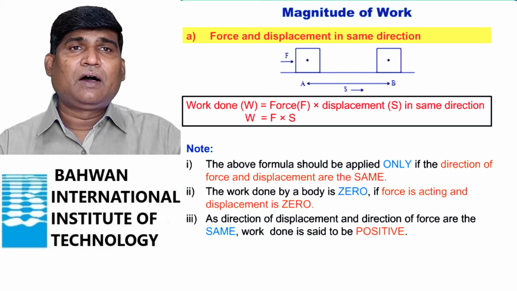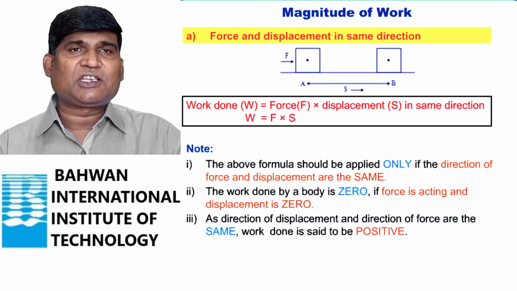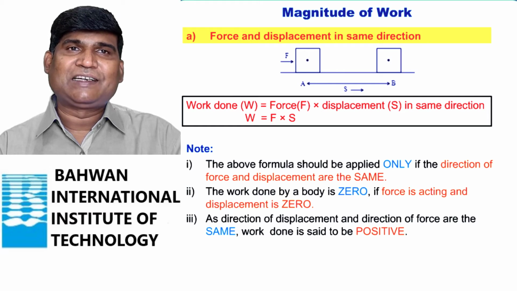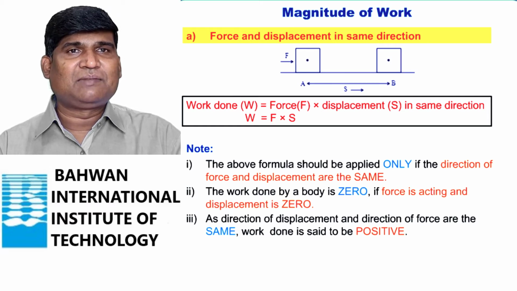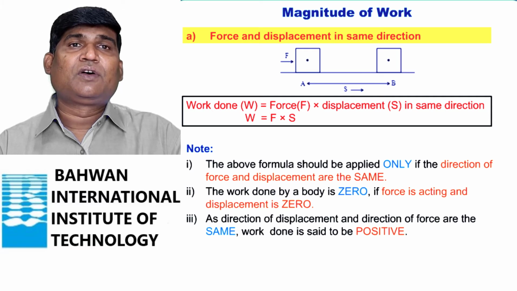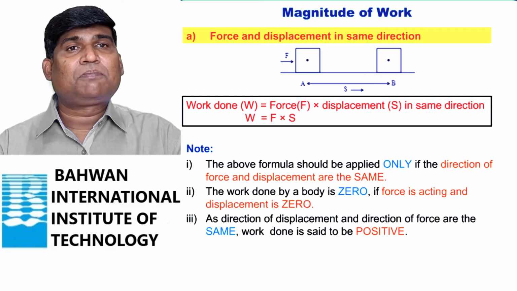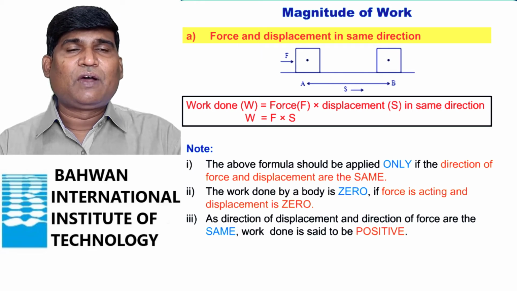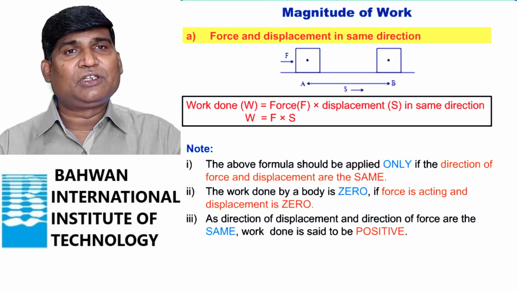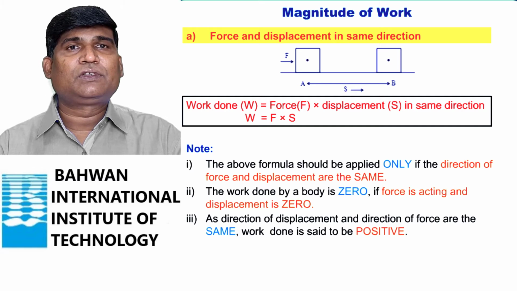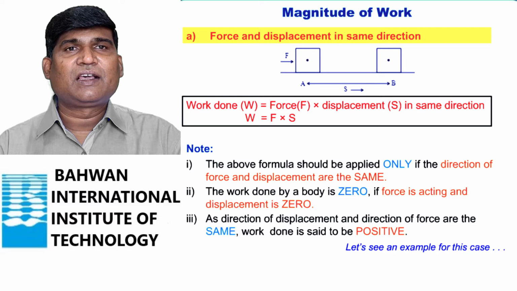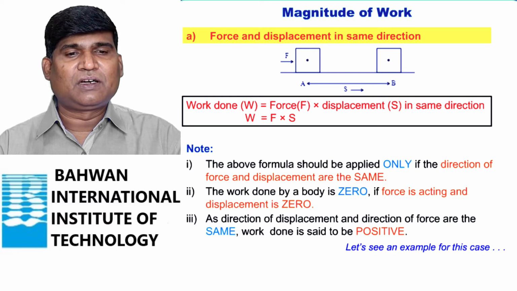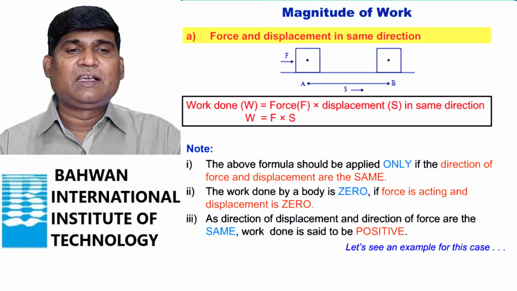And whenever applied force and displacement both are in same direction, then that work done, we call it positive work. Sometimes they can ask a question, when is work said to be positive? If applied force and displacement are in same direction, we say that work is positive work, right? So we'll see an example for this case.